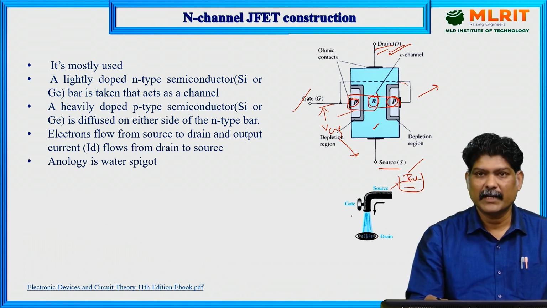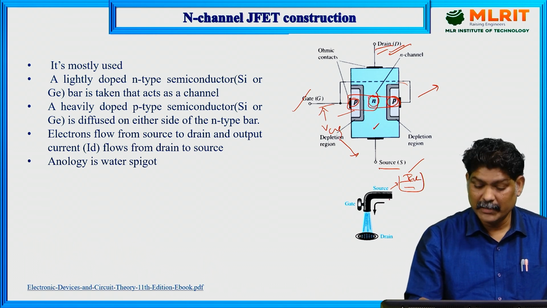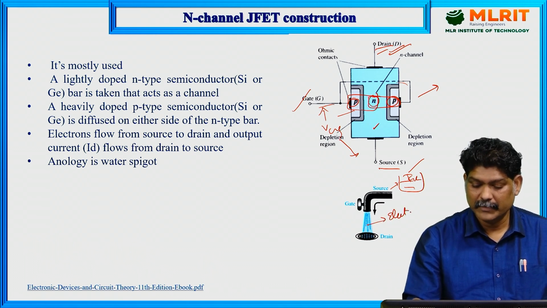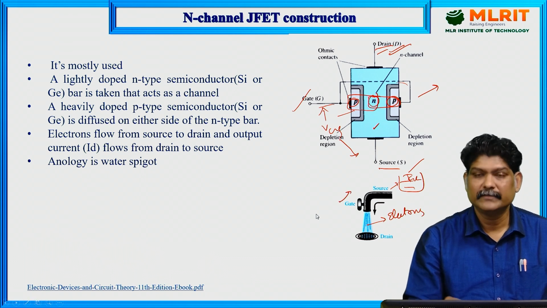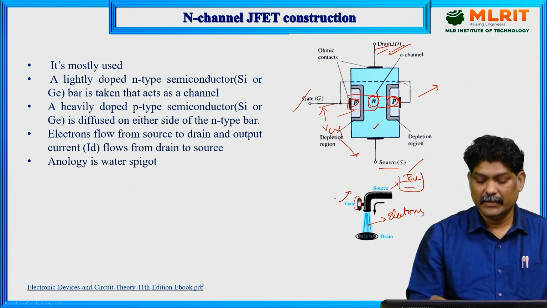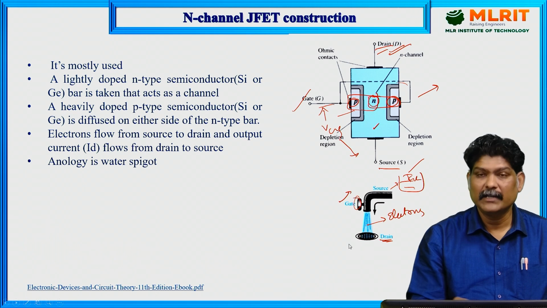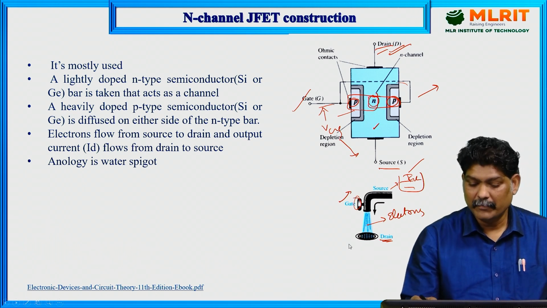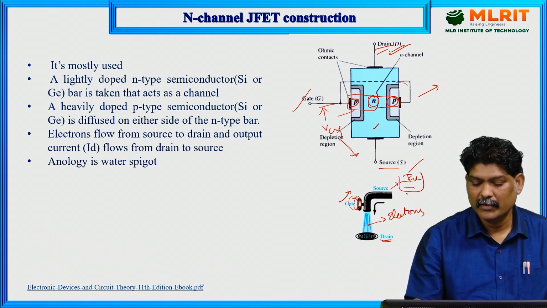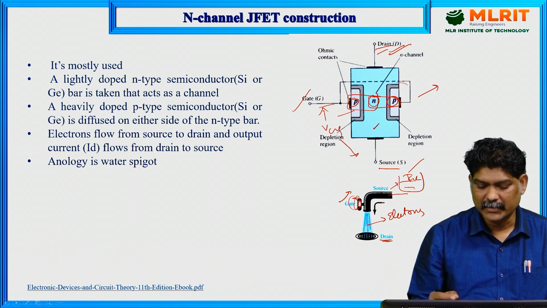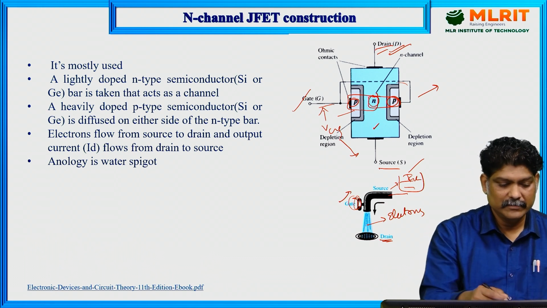From this tank we source the water, and this water acts like electrons, and the gate means this pivot. This is the drain. By controlling this gate, we can control the water flow, right? So therefore we can further analyze this.